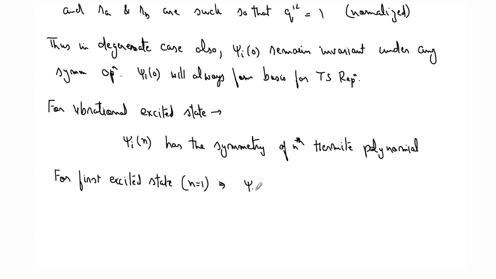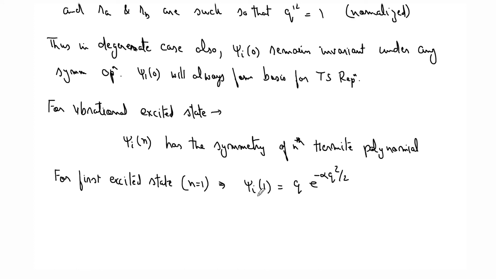So psi i1 can now be written as q e to the power minus alpha q square divided by 2, right? So this q is coming from the Hermite polynomial after solving for n equal to 1. Now q square is totally symmetric representation, so this does not contribute to symmetry. The symmetry contribution comes from q. So whatever is the symmetry of the normal coordinate, that will be the symmetry of the first excited state, right? The symmetry of the normal coordinate comes from the symmetry of the corresponding normal mode.